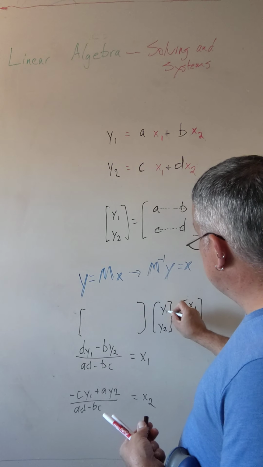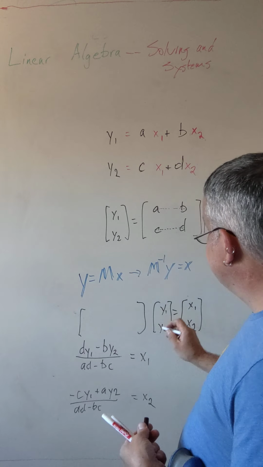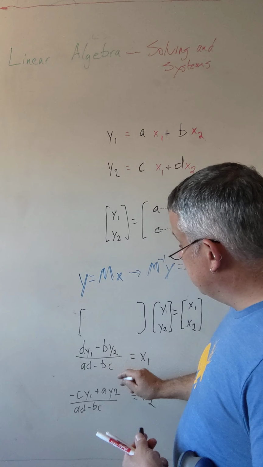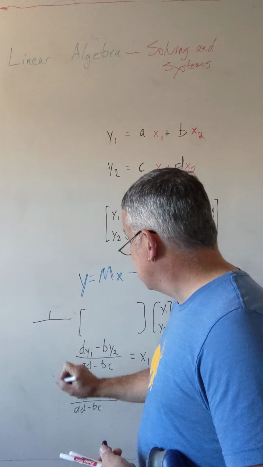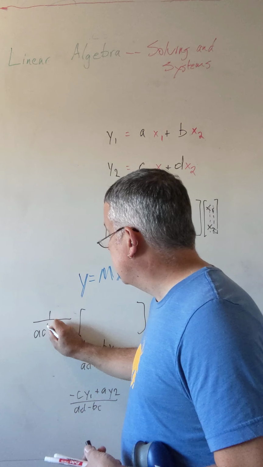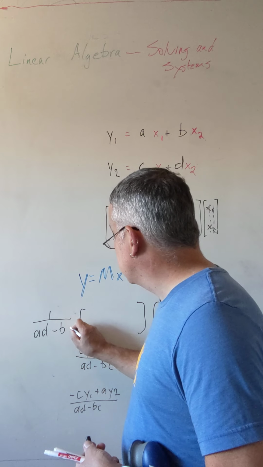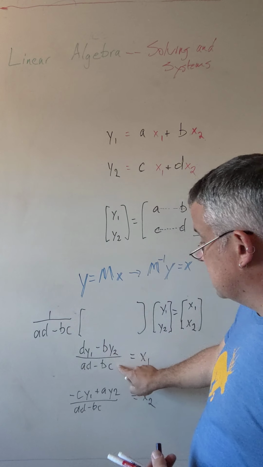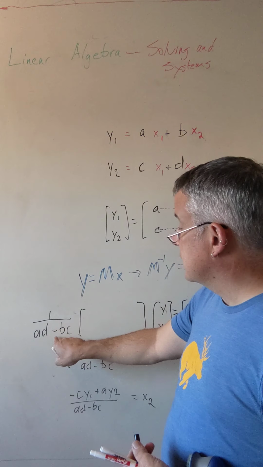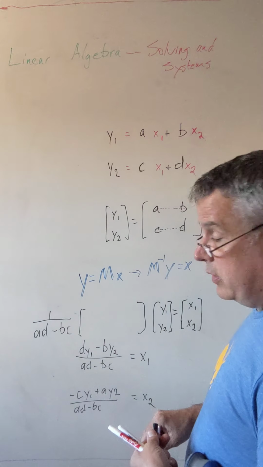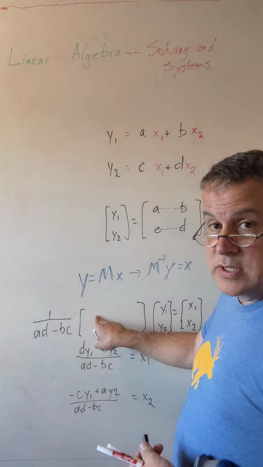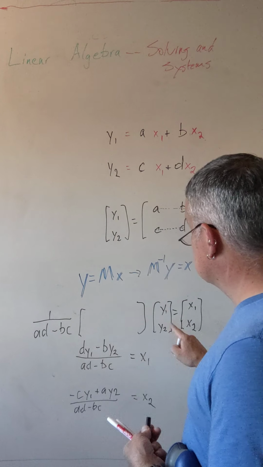What's the part that multiplies by y1? Well, actually this is going to be a little messy. Let's do ourselves a favor and write out the scalar out front that is 1 over the determinant, because that's in both parts of these. So when I write a scalar out front, I mean it's going to apply to every row in this equation. And now we just need to figure out the elements of this matrix.